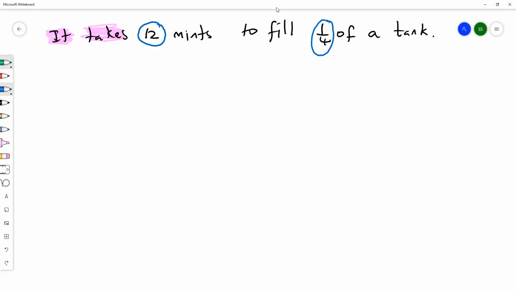Yes or no? No, that is not the total time. So, if the total is not given, can you write 1/4 of, multiplication, 12? Can you write this way?